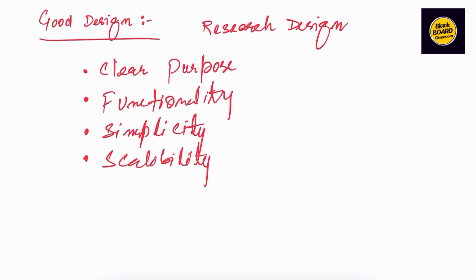Scalability helps in your software design, your system design, or your research design. Scalability is important to accommodate future growth and change. Whenever there are new changes, scalability must be there in your design so that you can adopt those changes.